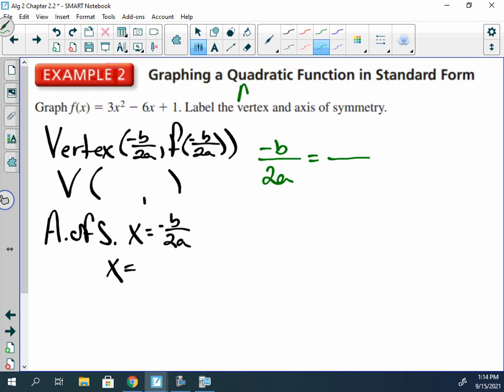What is a, b, and c for this here? What do we think a is? We're looking at ax squared plus bx plus c, and it's referring back to that equation.